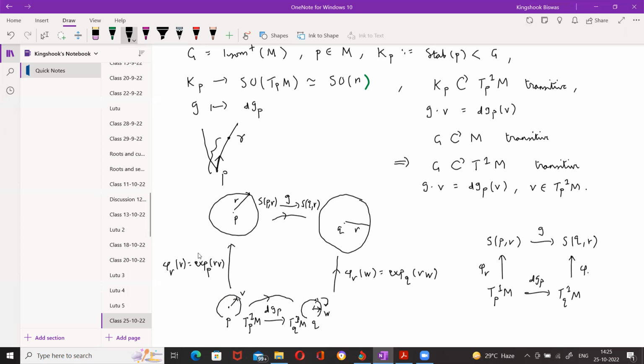And now, what is the Jacobian at V, r? This is equal to the determinant of d phi_r at V, right? And J(W, r) is equal to the determinant of d phi_r at W, right?